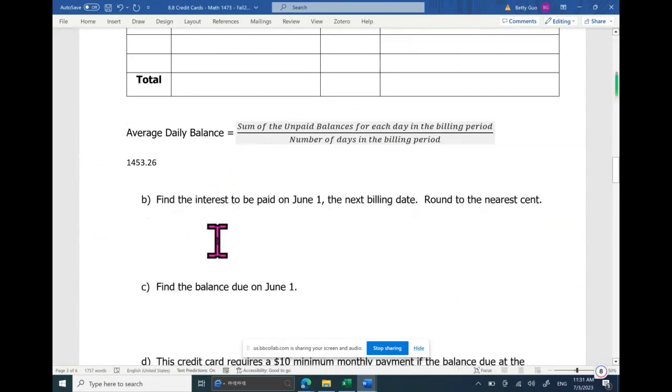Part B. Find the interest to be paid on June 1st, the next billing date. Round to the nearest cent.